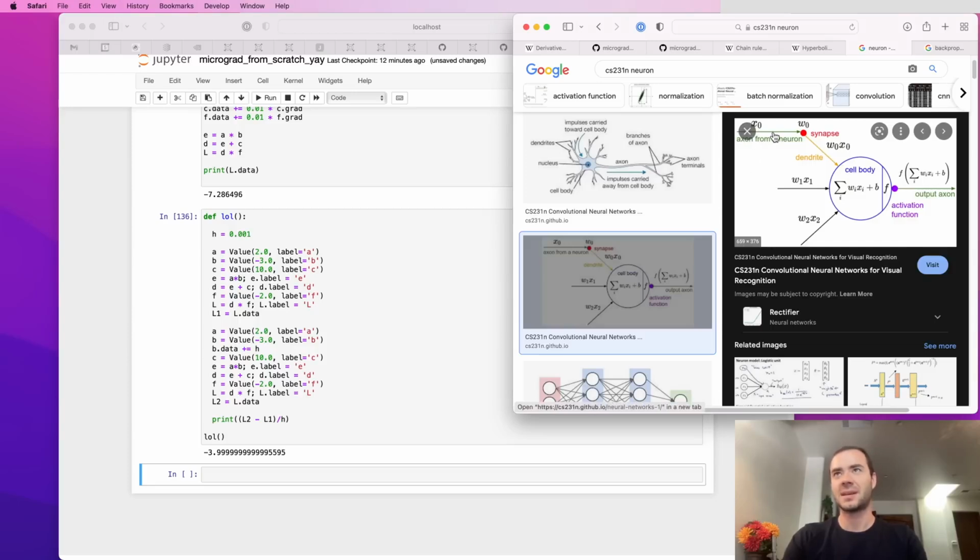You have some inputs, x's, and then you have these synapses that have weights on them. So the w's are weights. The synapse interacts with the input to this neuron multiplicatively, so what flows to the cell body of this neuron is w times x. But there are multiple inputs, so there are many w times x's flowing into the cell body. The cell body then also has some bias.